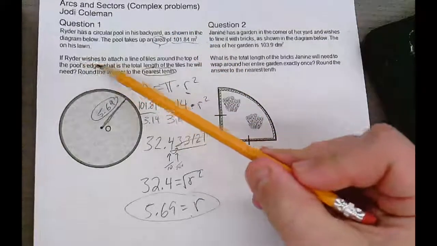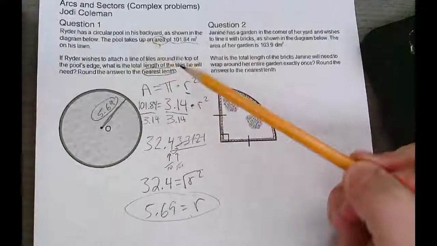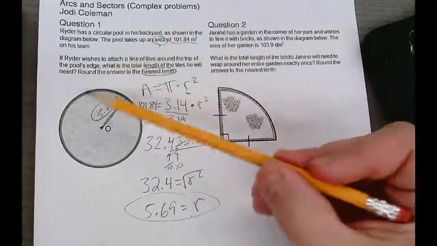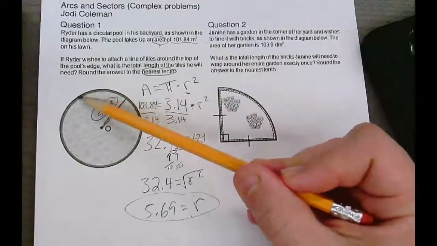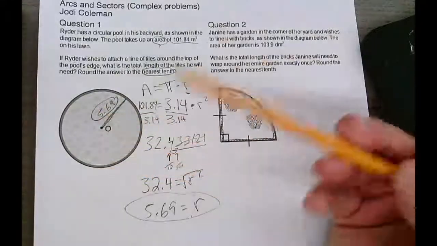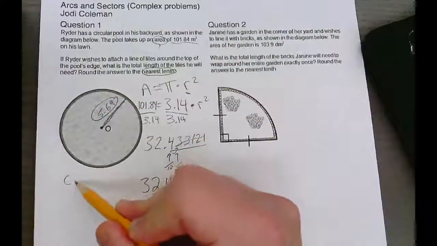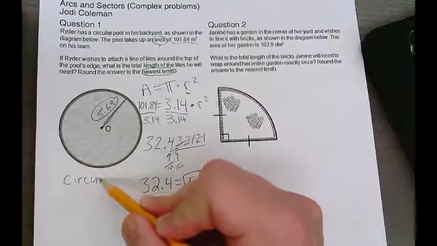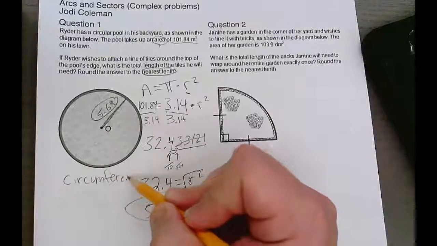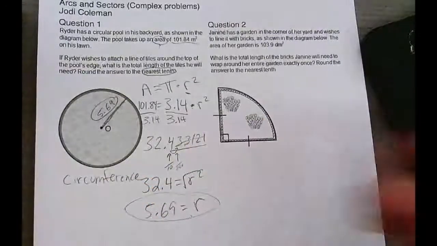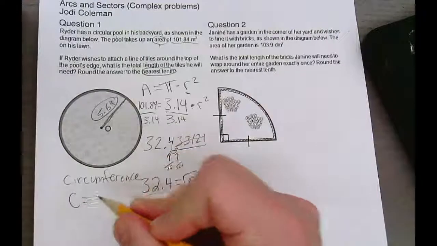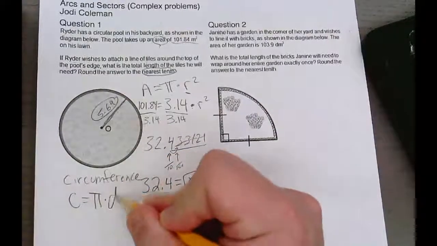So if Ryder wishes to attach a line of tiles around the top of the pool's edge, well, I guess this is a realistic question. So the pool edge is all along there, so that's a fancy word for the circumference. So the perimeter of a circle is the circumference. Once I see that, I know it's pi times the diameter.